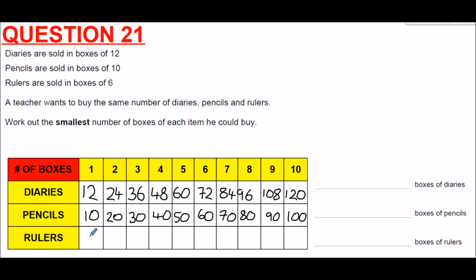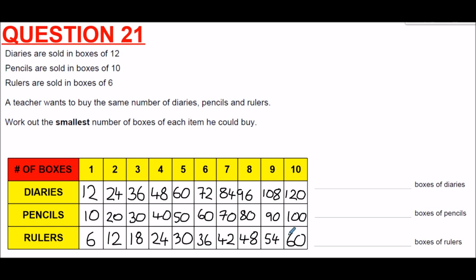So one box of rulers would give you 6 rulers, two boxes, 2 times 6 would be 12, three boxes of rulers, 3 times 6 is 18, and unsurprisingly this is just the 6 times table. 36, 7 6s are 42, 8 6s are 48, 9 6s are 54, and 10 6s are 60.